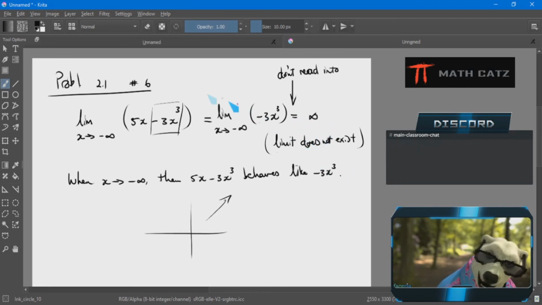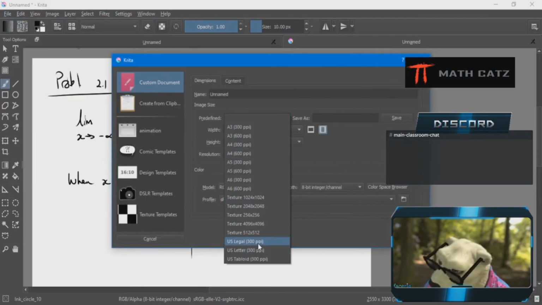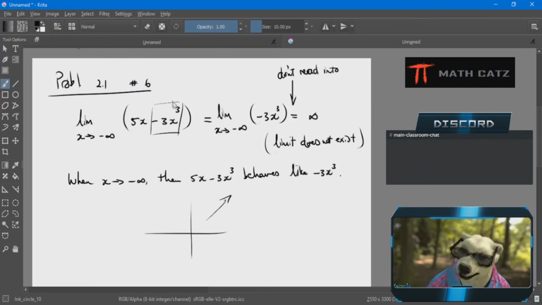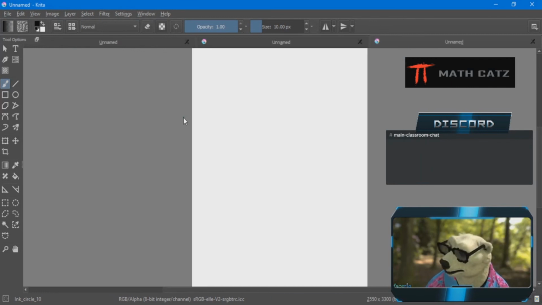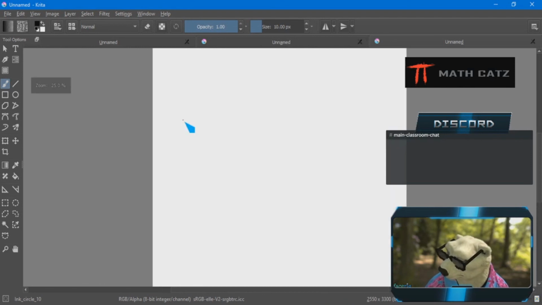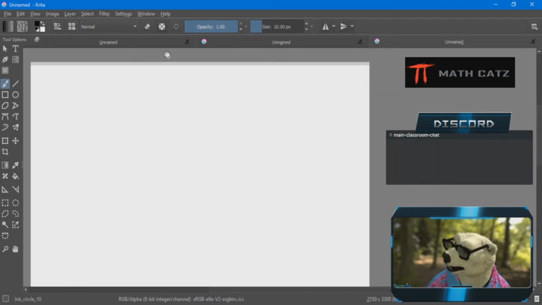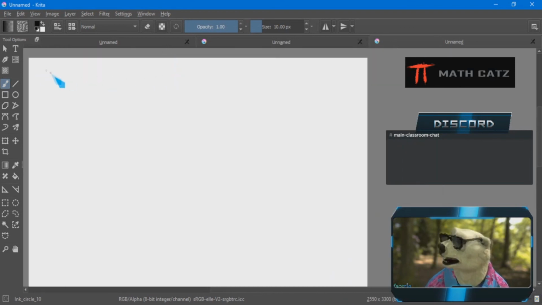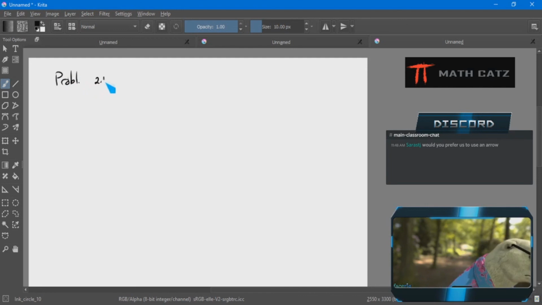Okay, but let's look at something more interesting where we're always going to get infinities when we look at polynomials, right? So we're going to have to change the function if we want to see other kinds of answers. Polynomial is maybe a little bit boring for this kind of question. So I want to do problem 2.1, and I want to do number 10.